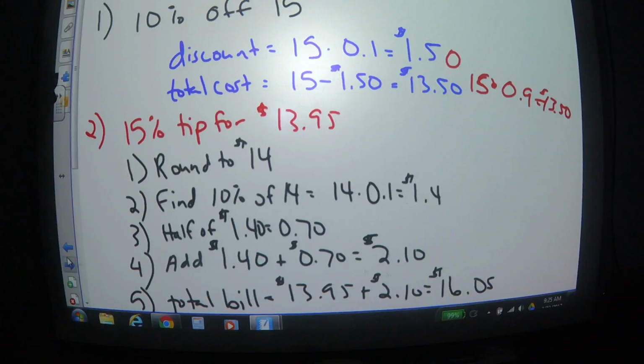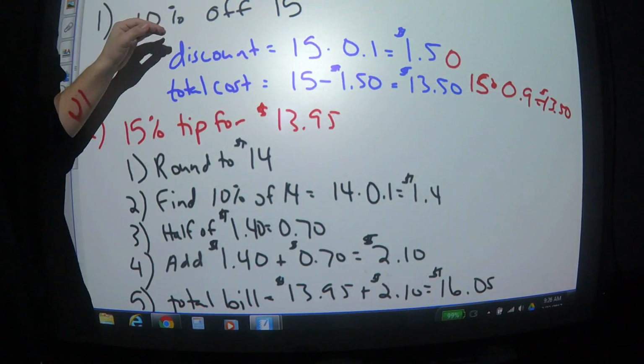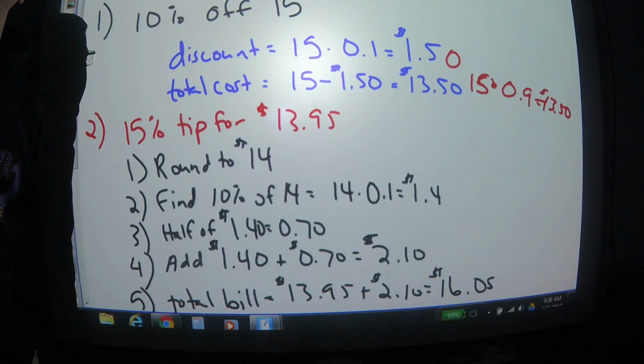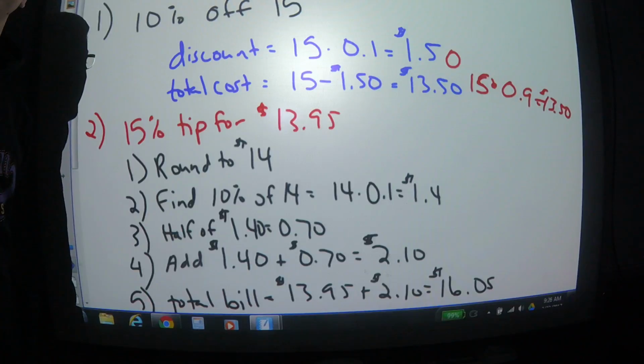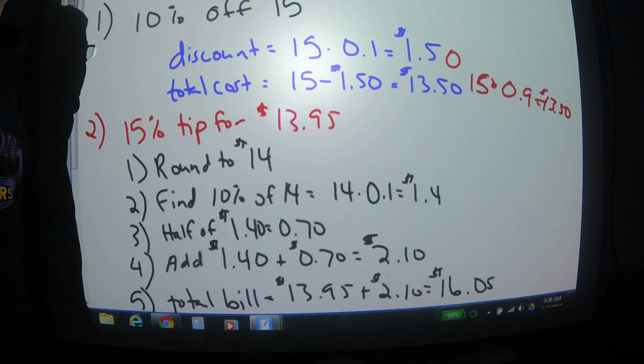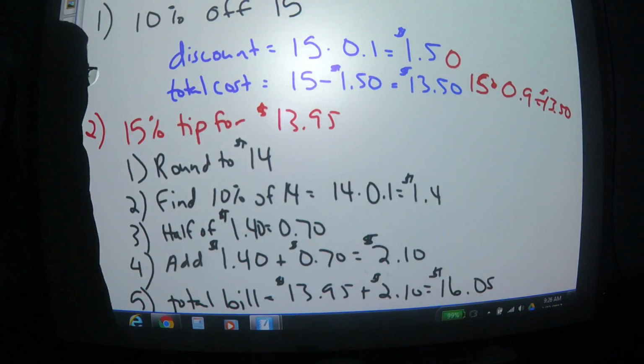Now, another way to figure it out in one step is this. If they're taking 10% off, what percent am I paying? Well, that's 100% minus 10%, which is 90%. Well, what's 90% of $15?